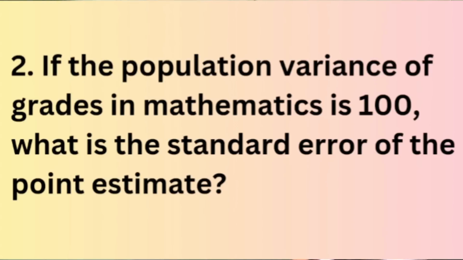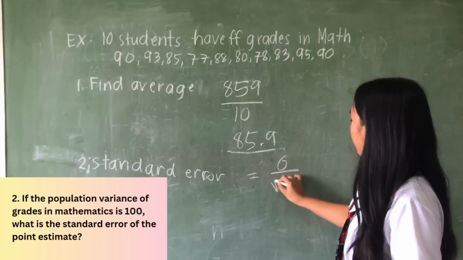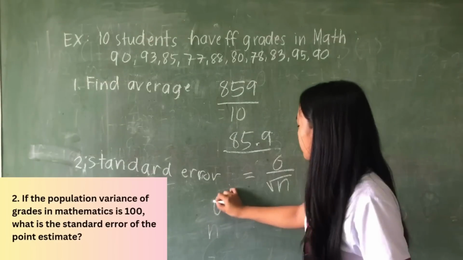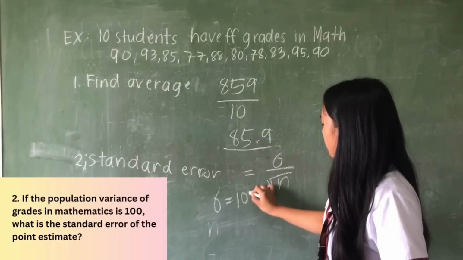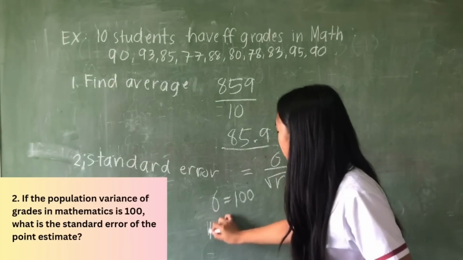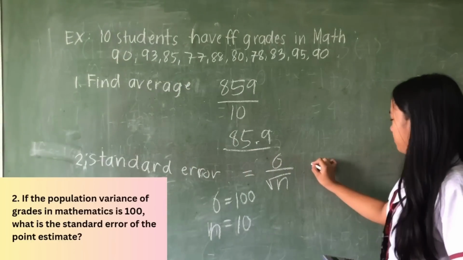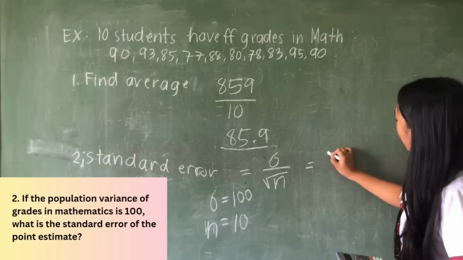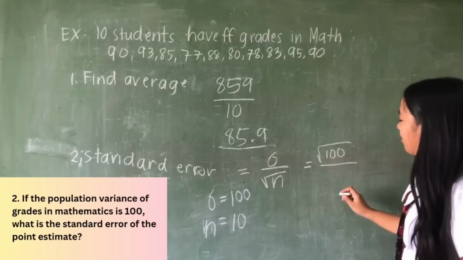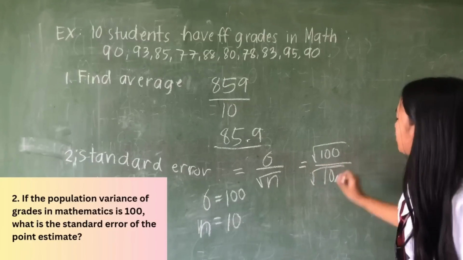Solve the standard error. The formula is standard deviation all over the square root of the total number of population. The standard deviation is equal to 100 because the grade total is 100. And the number of population is 10 because of the 10 students. So, 100 is the square root of the number of population.